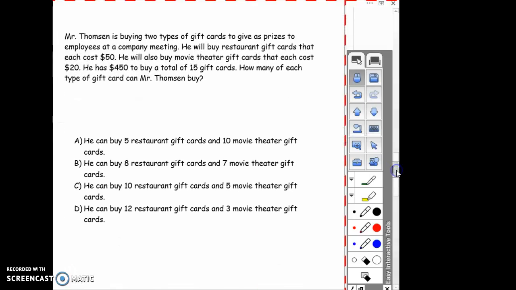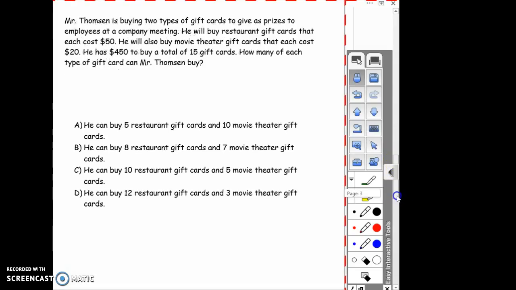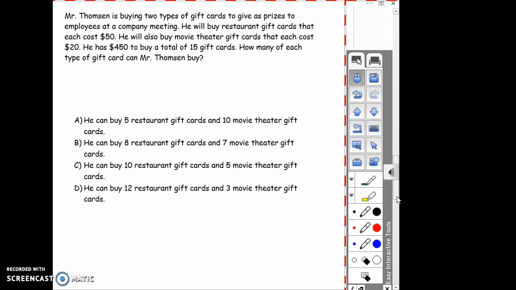Let's look at a word problem. Whew, it's going to be a lot. So let's look at this one. It says, Mr. Thompson is buying 2 types of gift cards to give as prizes to employees at a company meeting. He will buy restaurant gift cards that each cost $50.